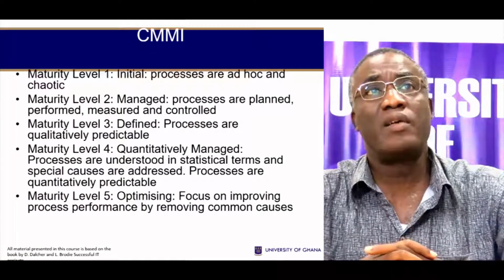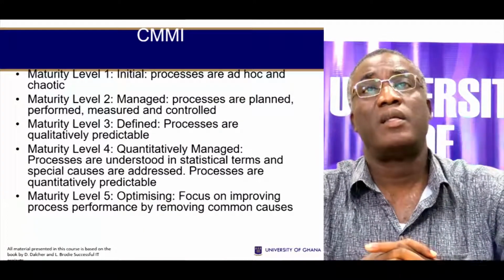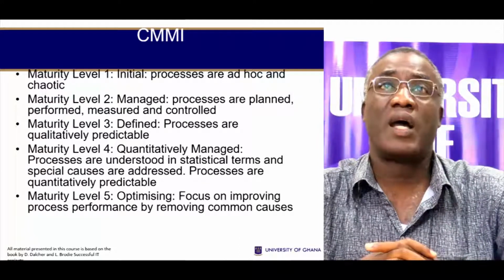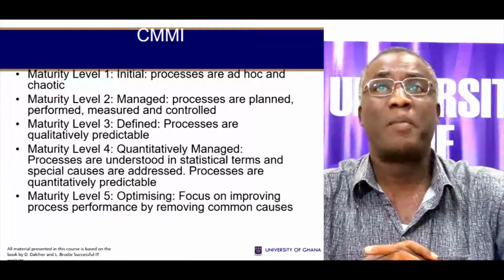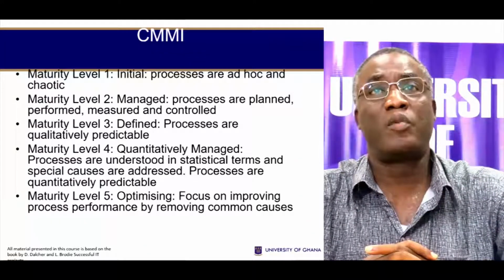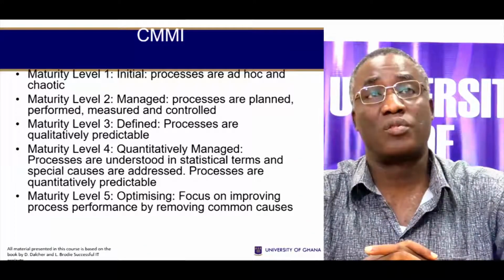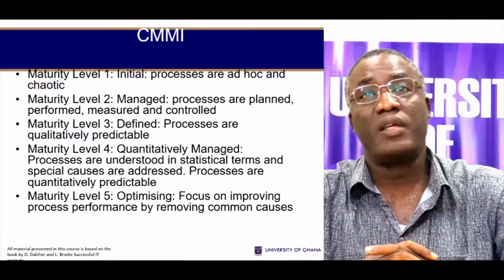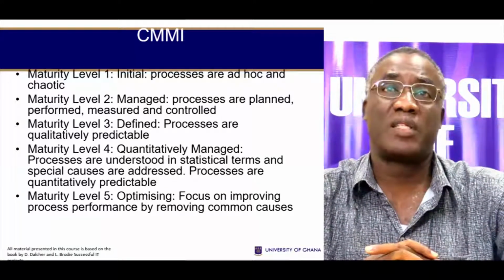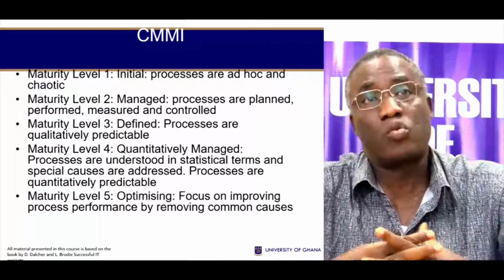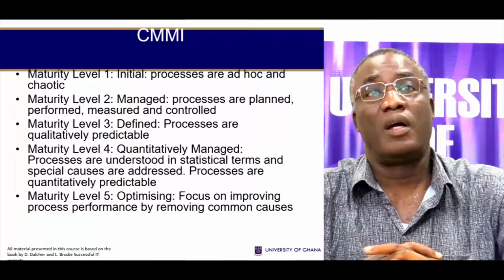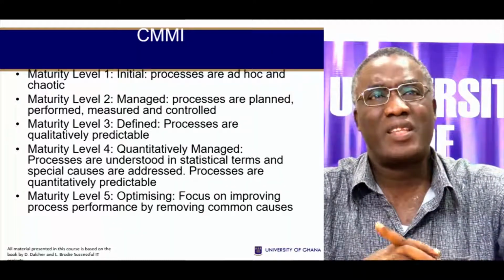The maturity level 1 is the initial processes. They are ad hoc and chaotic. Level 2 are managed processes, which are planned, performed, measured, and then controlled. Level 3 become defined processes. The processes are qualitatively predictable. At level 4, they are quantitatively managed.